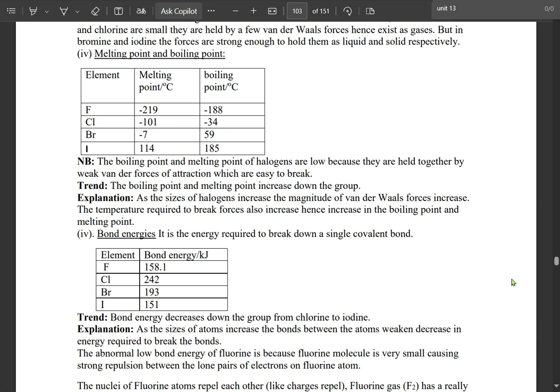As the atomic radius increases, which is the distance from the nucleus to the outermost shell, this weakens the force of attraction between the nucleus and the last energy level, or shell. This causes a decrease in the force of attraction, which decreases the bond energies.